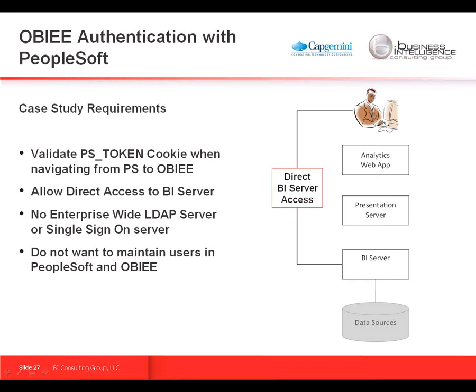The only thing that was really enterprise-wide was the list of PeopleSoft users and their credentials, as every employee had to have a PeopleSoft user ID for entering time and being paid. In addition, we didn't want to maintain users in OBIEE beyond what we were doing in PeopleSoft.